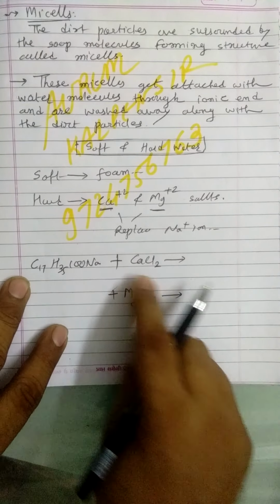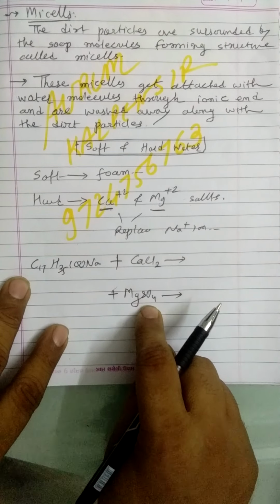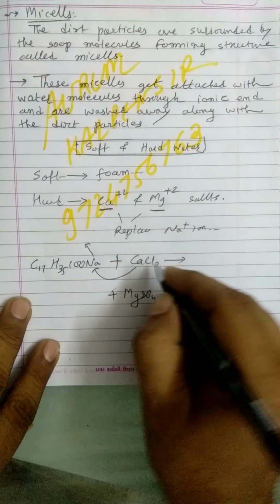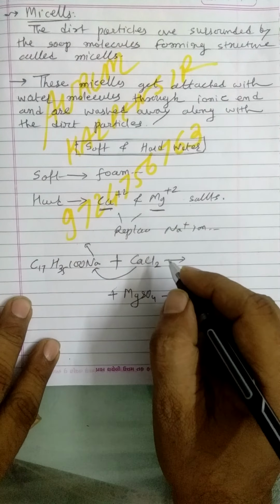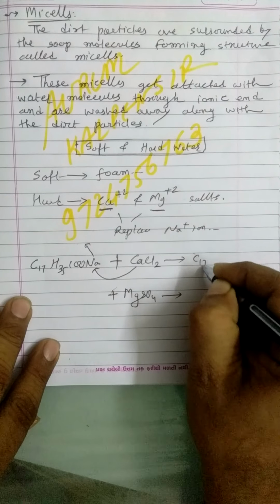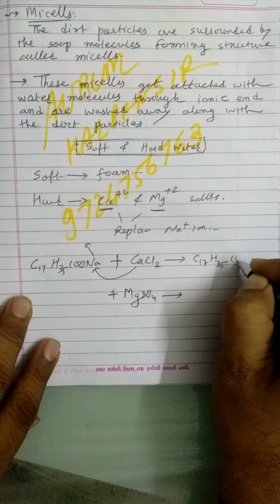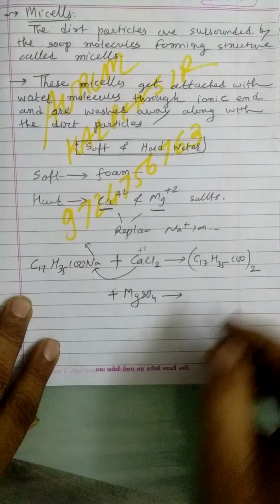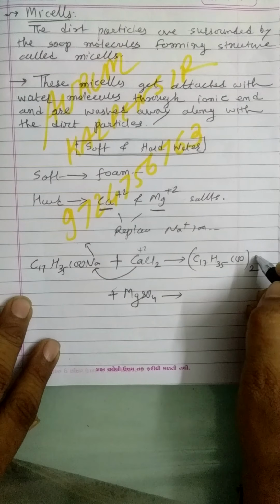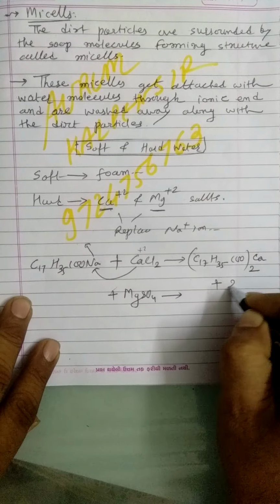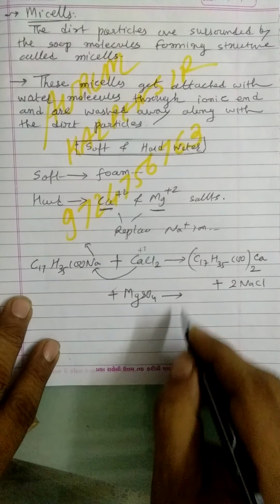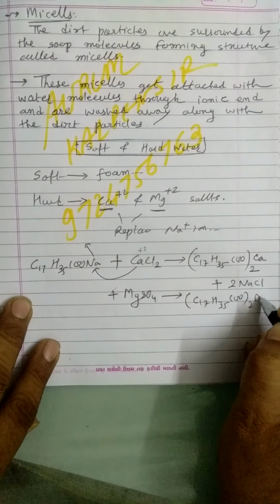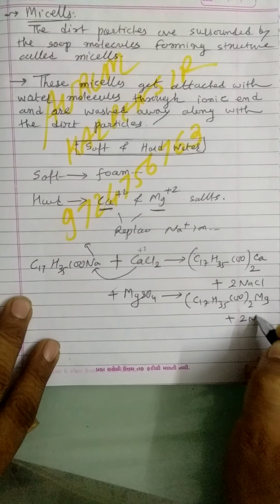These are the salts of calcium and magnesium. The calcium ion reacts with soap to give (C17H35COO)2Ca plus 2 NaCl. Similarly, we get (C17H35COO)2Mg plus 2 NaCl.